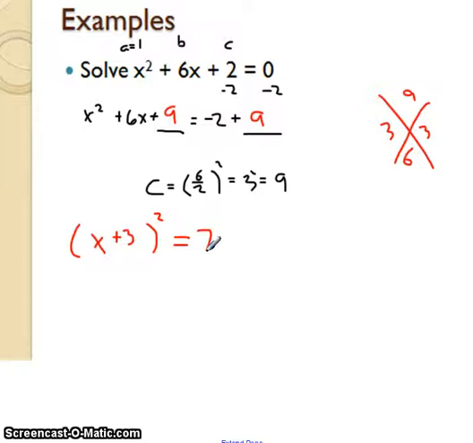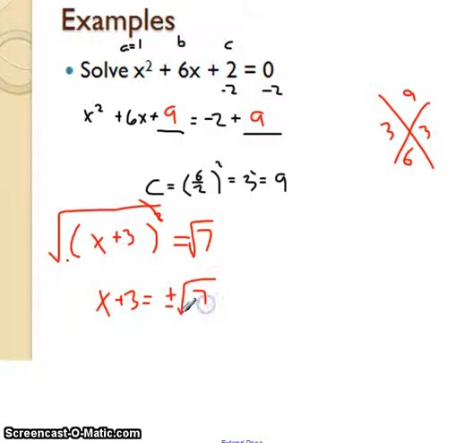And so now what you have is a quadratic equation where I want to use the square root property. I have a single term that's squared, so I will square root both sides, which will undo the square and the square root. This leaves me with x plus 3. Let's not forget the plus or minus in front of the radical 7.